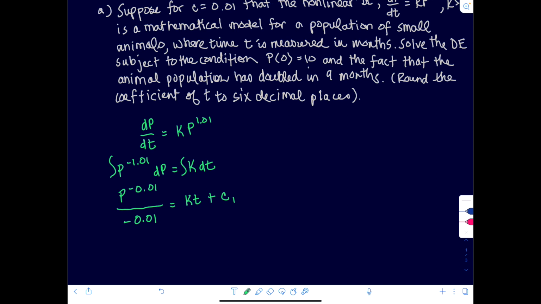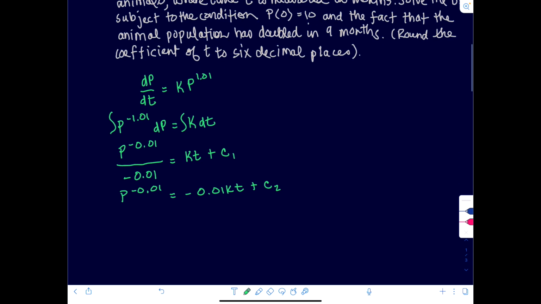All right, so now P to the negative 0.01 equals negative 0.01 times kt, and then we're just going to be adding a different constant. So you don't have to write it as negative 0.01 times c1, we'll just write c2.